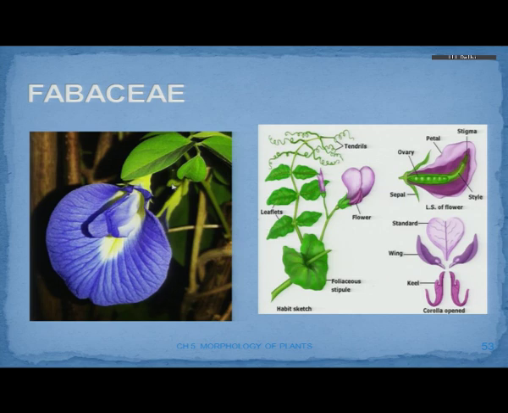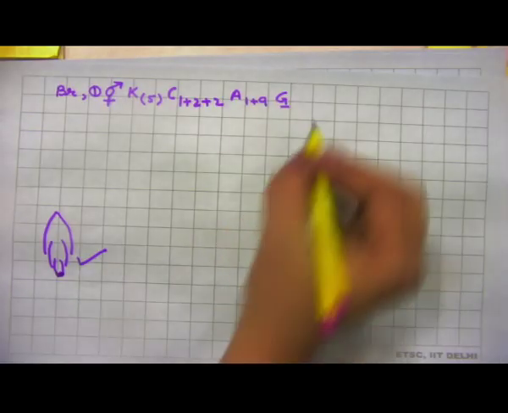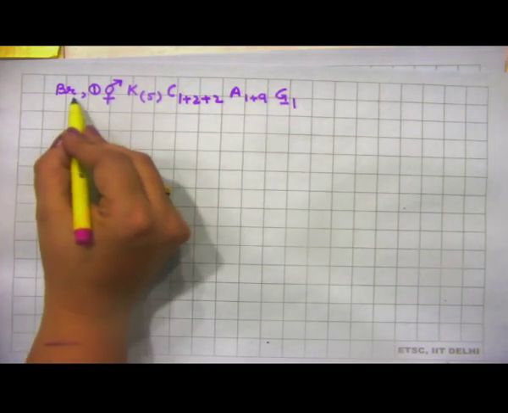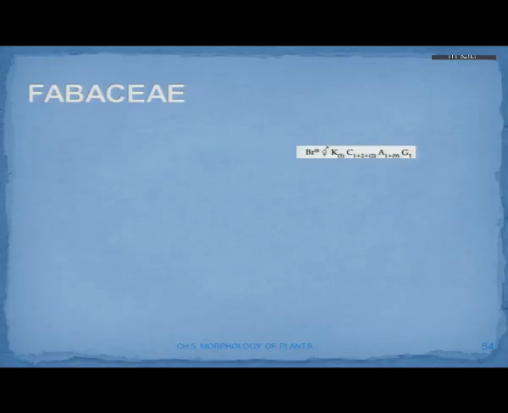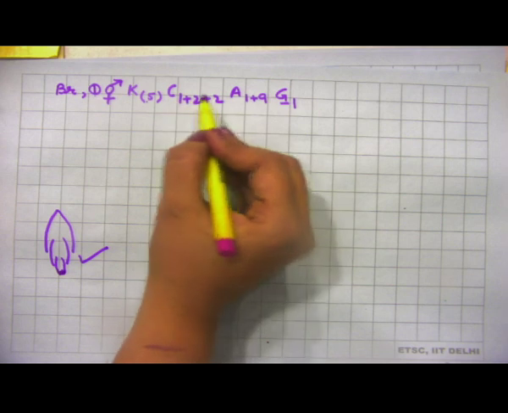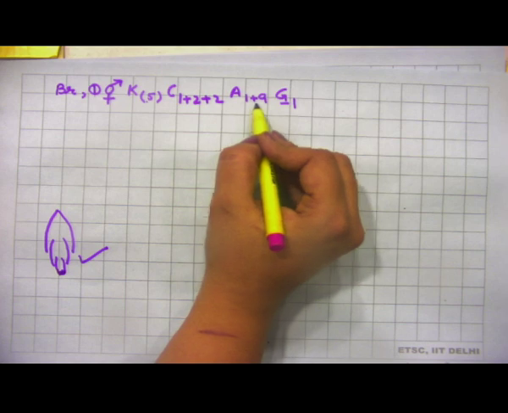You can see this flower is different from the flowers we have studied up till now. Here this is the standard, these are the 2 wings and these are the 2 keels. That is why this shows the vexillary arrangement. Now the formula is: BR, zygomorphic, bisexual, 5 joint sepals, vexillary arrangement of the corolla, 1 plus 9 arrangement.